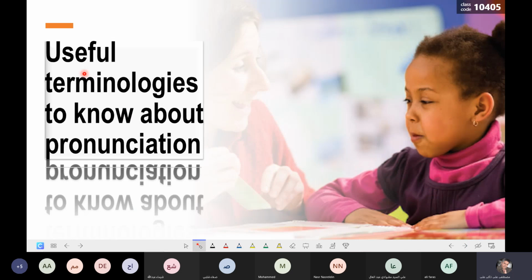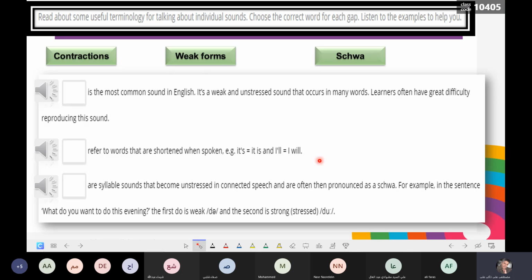Now we'll look at some useful terminologies to know about pronunciation. The word terminology here means some common idioms or expressions that are always connected with pronunciation. I want you to read the definition and choose the word that goes with the definition.